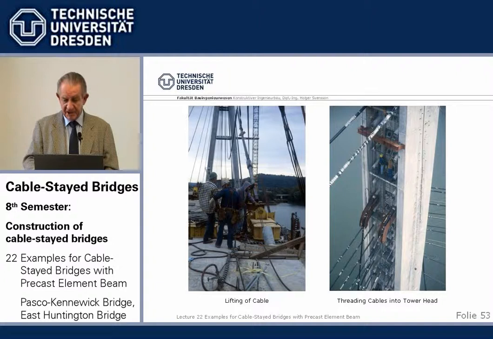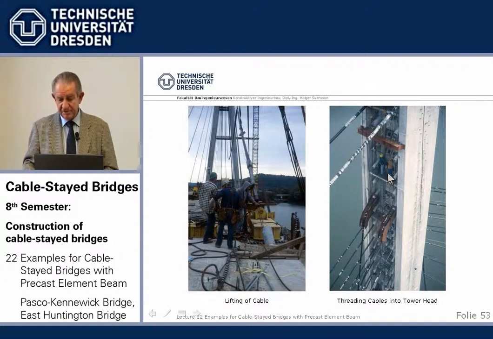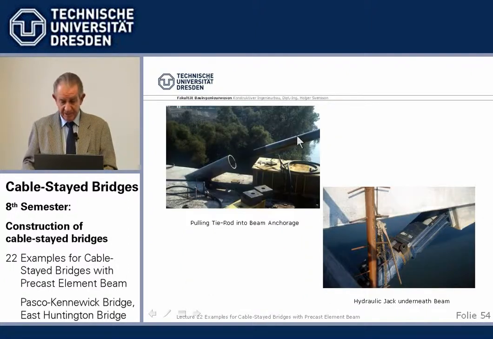Cable installation, similar as we had it, parallel wire cables, introducing the overlapping in the tower head, using these banana cable guides. Then pulling at the beam, pulling the tie rod with the strand here into the steel pipe to the jack.